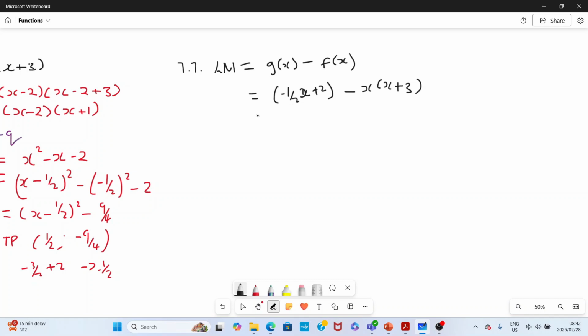If we work this out, we will have minus x squared, minus 3x, minus 1 over 2 x, and then minus 2.